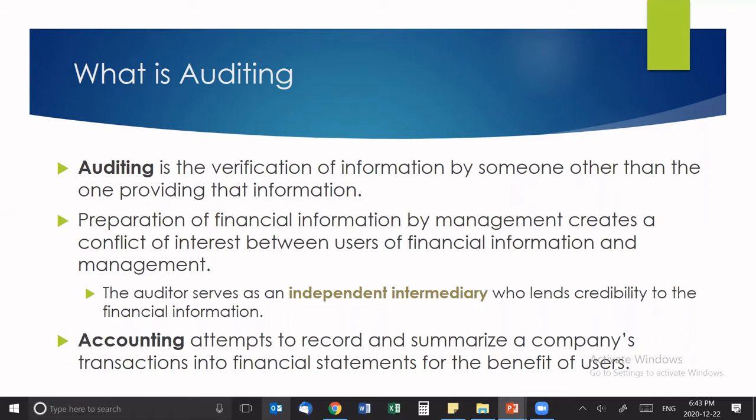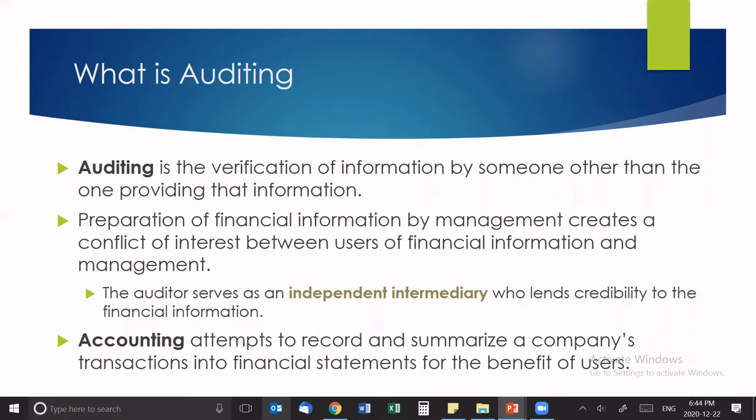So management creates financial statements. Sometimes those financial statements need to be looked at or reviewed by an independent person, which is an auditor, because maybe some outside person wants to. It could be a user of these financial statements, a creditor, so somebody wants to lend money to the company but wants to make sure the financial information provided by management is correct, or somebody wants to invest in the company, maybe a shareholder or investor.